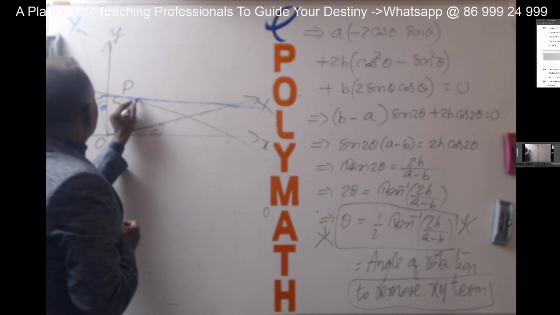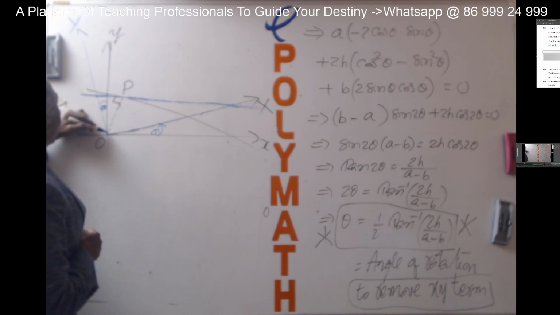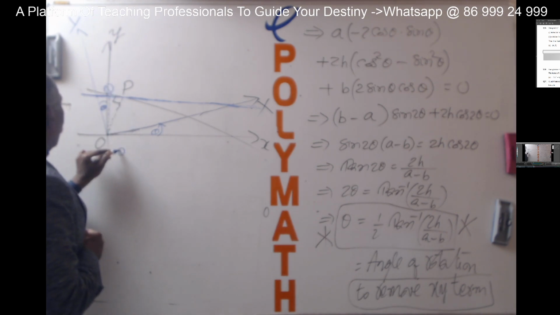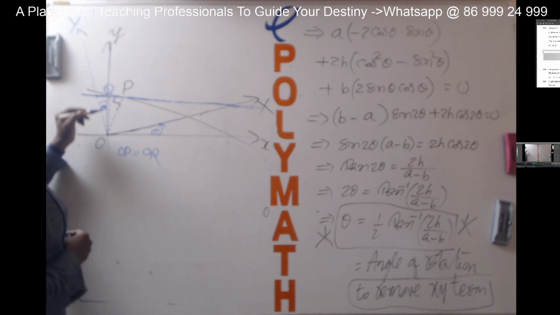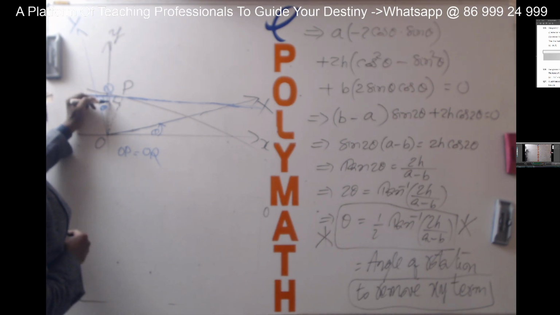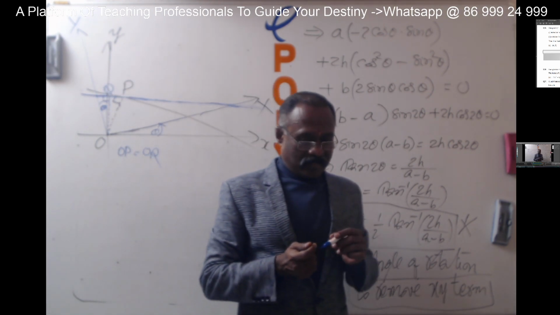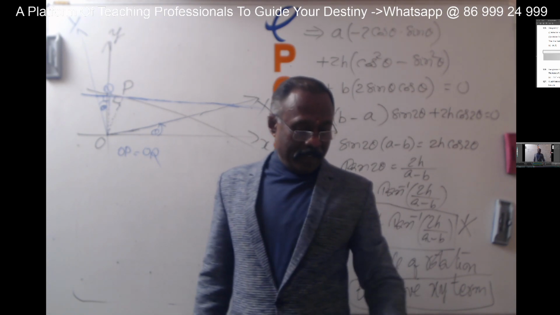What is the property I taught you? Whatever the perpendicular distance is, it will remain the same. Somewhere it will be Q, let me say. OP is equal to OQ. Very important property, please. You can check with the previous questions; you have the application of this in the previous questions. What is the property here? I repeat.